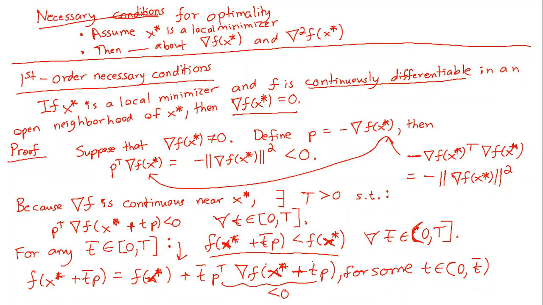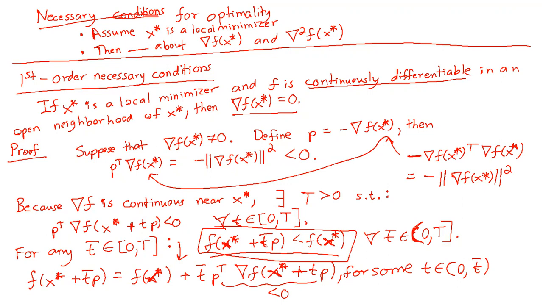And so what this means is that if this holds true, then there is some direction given by this t-bar p that is not at x star, where we see that f at this new point is less than f at the point I said was my minimizer. Therefore, it's not a minimizer.